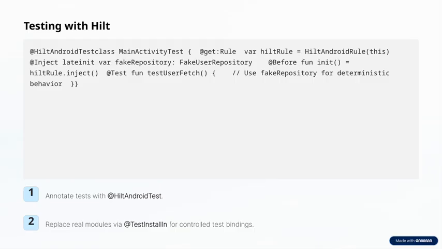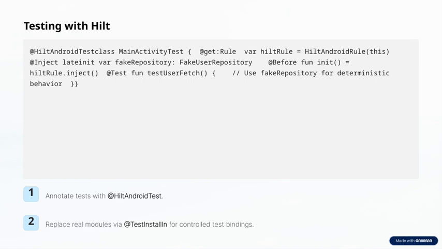This ensures all dependencies are properly injected before the test executes. Then, in our test function, say testUserFetch, we use the fake repository to simulate fetching user data. This way, we avoid relying on real network calls or databases, which makes our tests faster and more predictable.